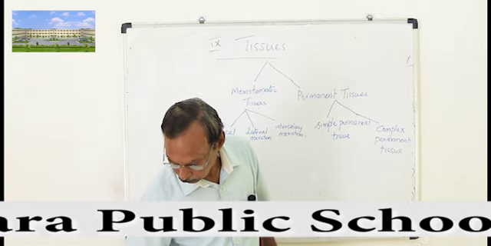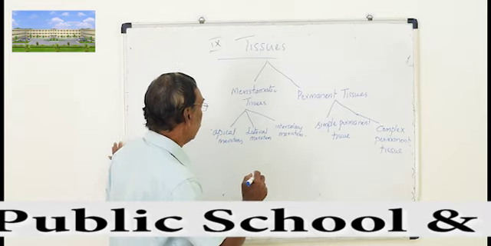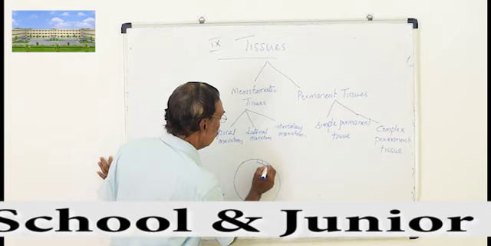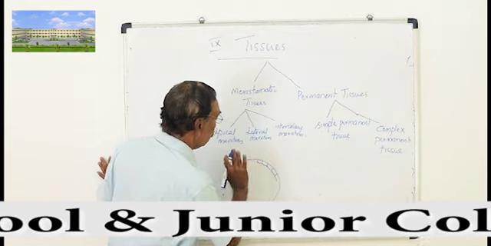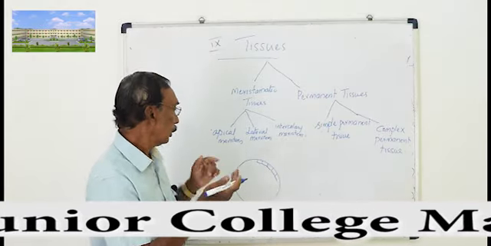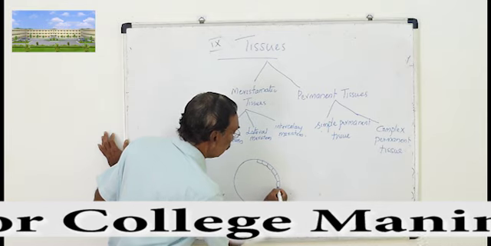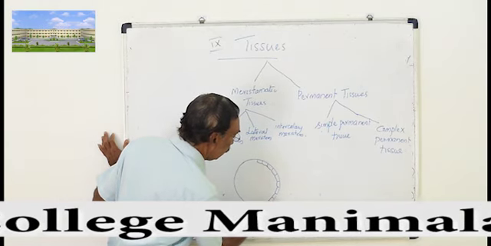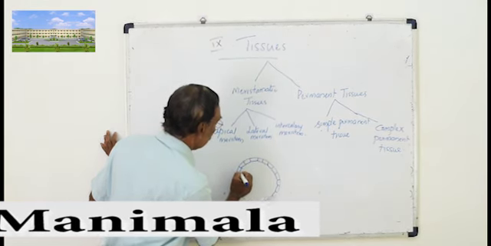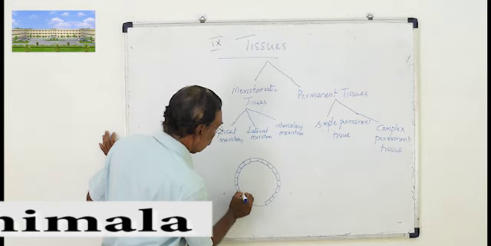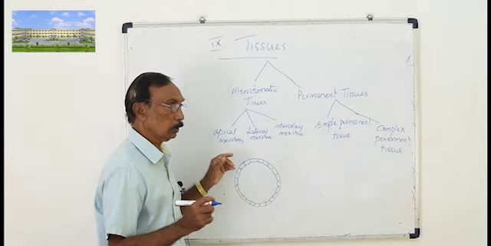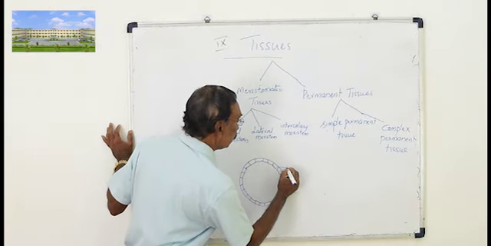If you take a stem and cut it transversely, you can see the outermost covering is only one layer of cells, and this layer of cells is called epidermis. In young stems, the outermost layer of cells is called epidermis.